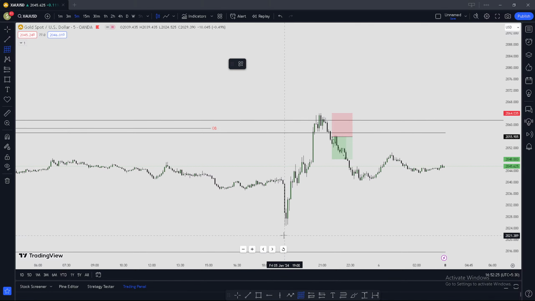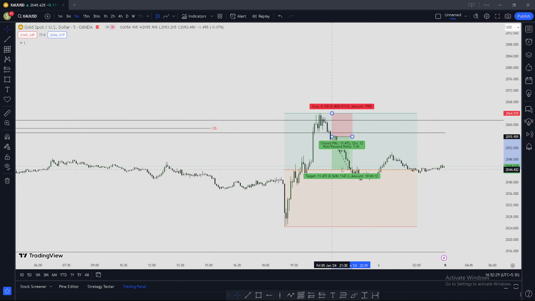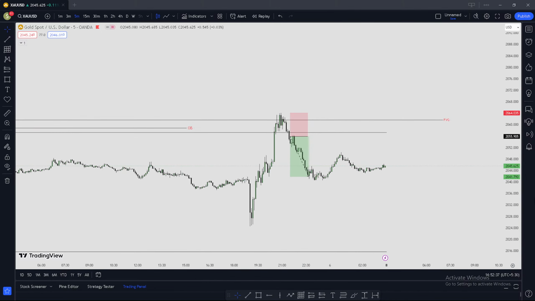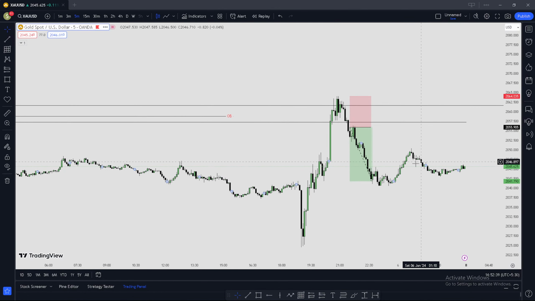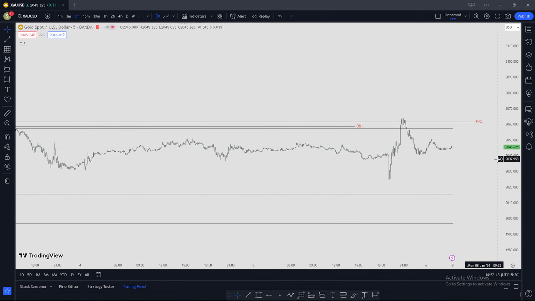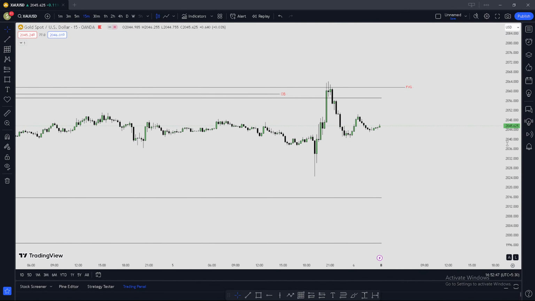The equilibrium of this range would have been our first target, a good 1 is to 5 risk to reward. Further, we saw this and would have targeted this as well, 1 is to 7 risk to reward. We'll still be looking for some shorts. Let's see how these things will turn out.